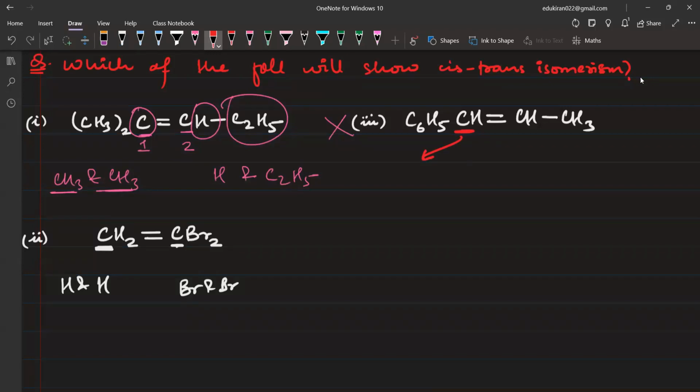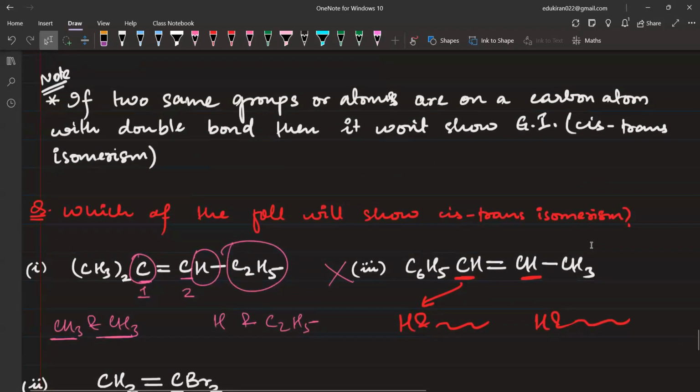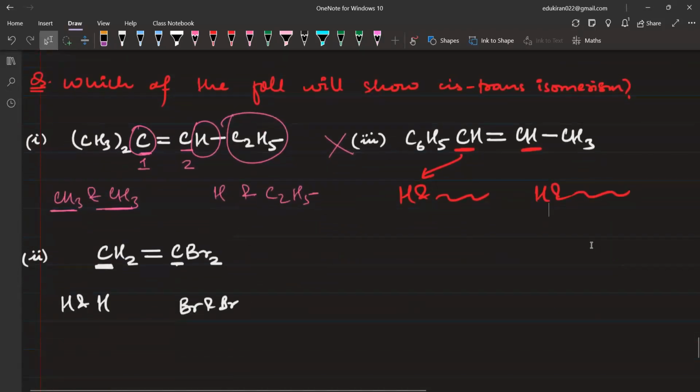Benzene हाँ, and एक हाइड्रोजन और समथिंग एल्स कुछ है, पता नहीं, छोड़ो छोड़ो। हाँ, कुछ तो अलग ही है, हाइड्रोजन नहीं है कम से कम। इधर हाइड्रोजन है एंड देन व्हाट वी हैव समथिंग एल्स, कुछ तो अलग है। ठीक है, दैट मीन्स व्हाट वी आर नॉट हैविंग दिस कंडीशन, आपके पास टू सेम ग्रुप्स नहीं है, वी आर हैविंग डिफरेंट ग्रुप्स ऑन बोथ द कार्बन एटम्स, राइट?